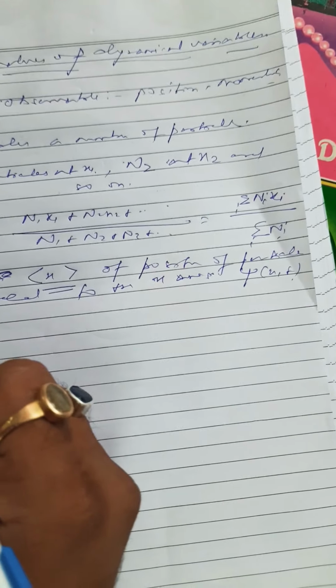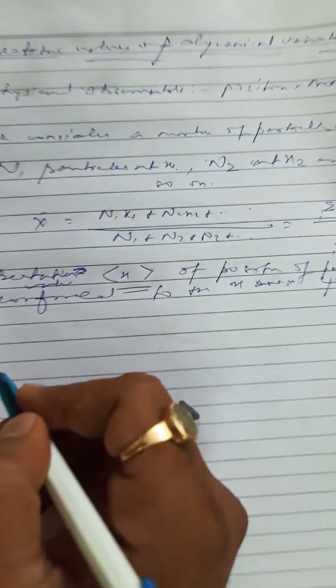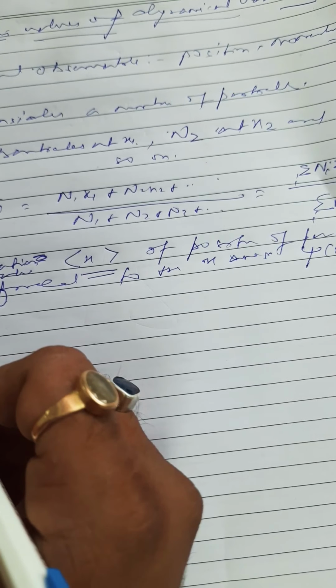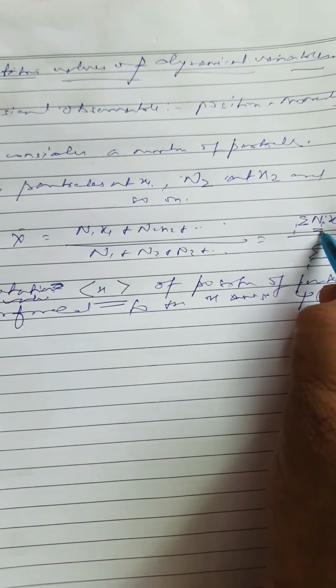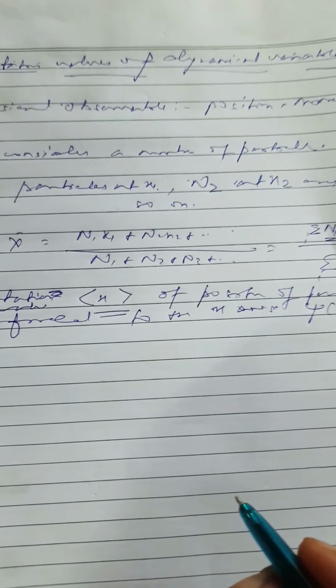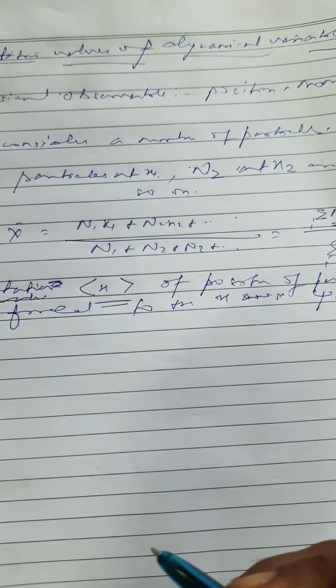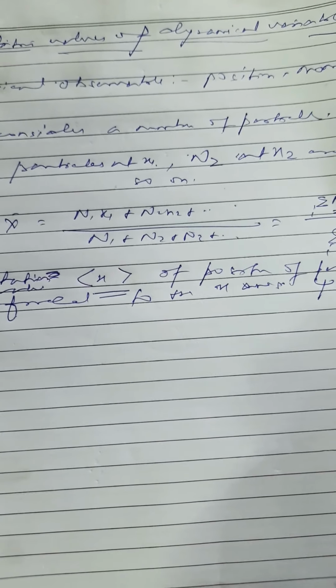In this case, we can replace the number n subscript i of particles at x subscript i by the probability p subscript i that the particle be found in an interval dx at x subscript i.